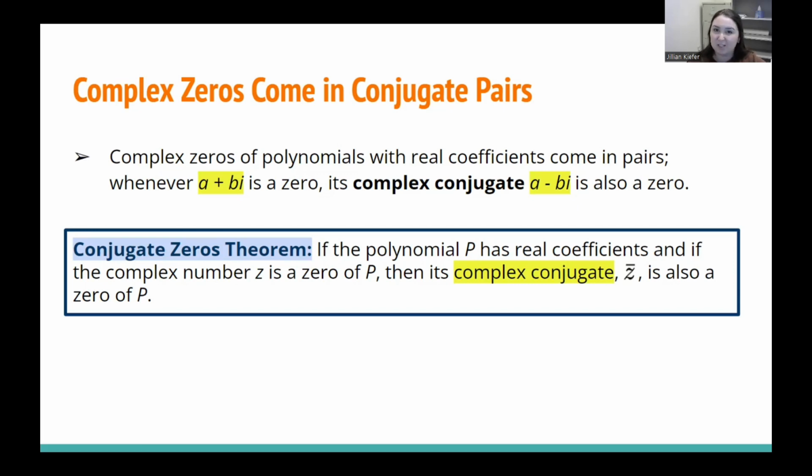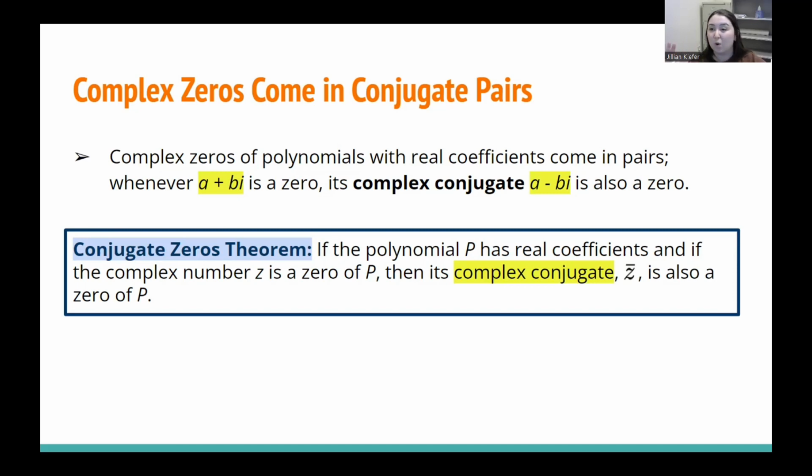So complex conjugates means that you have something that looks like a minus bi or a plus bi, and its opposite, meaning same thing but opposite sign, is called its complex conjugate. So if you're given a minus bi, its complex conjugate is a plus bi, and then the other way around as well. And they're always going to come in pairs.